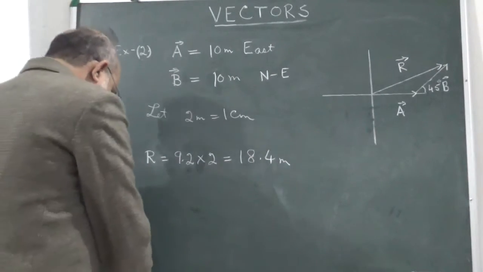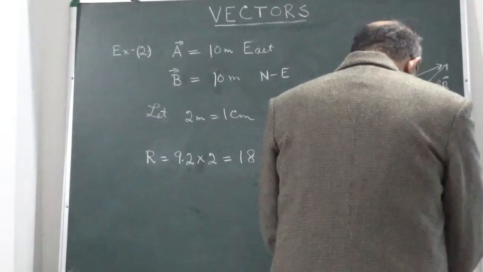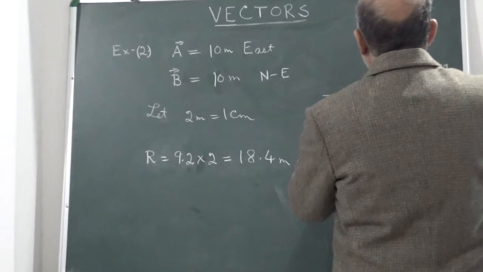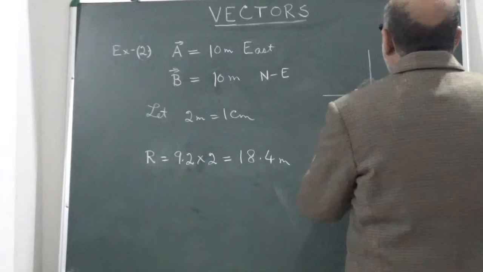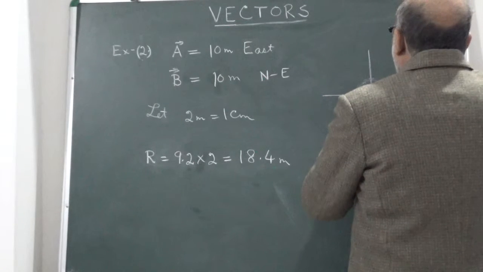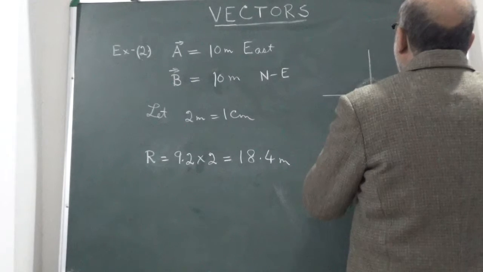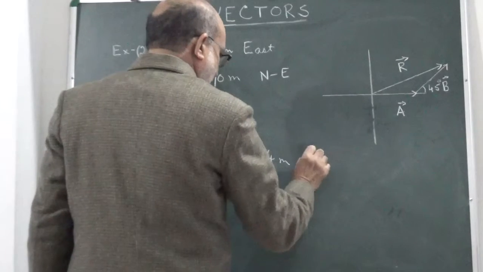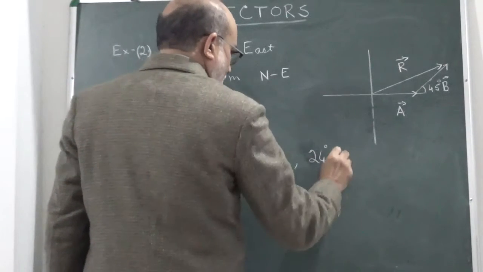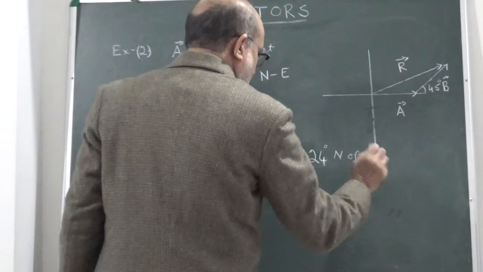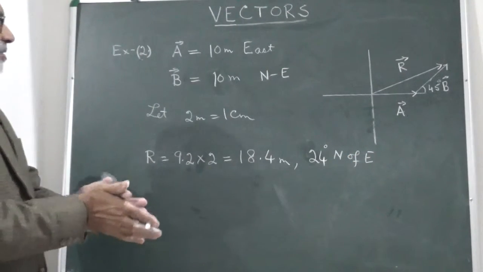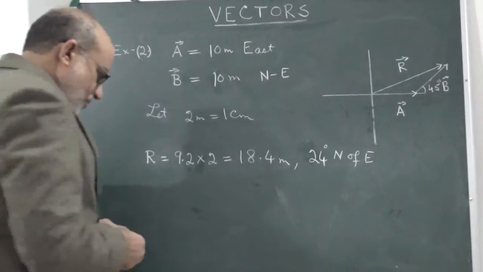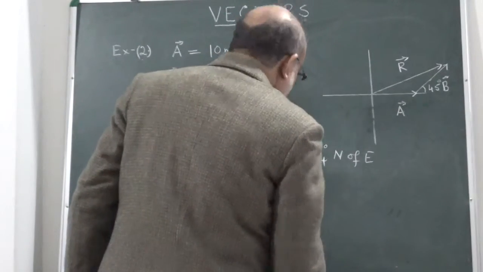And to measure this angle, it's about 24 degree, approximately 24 degree north of east. So in this way we can add. I have given you 2 examples, and I will do one more example and then we'll move ahead.